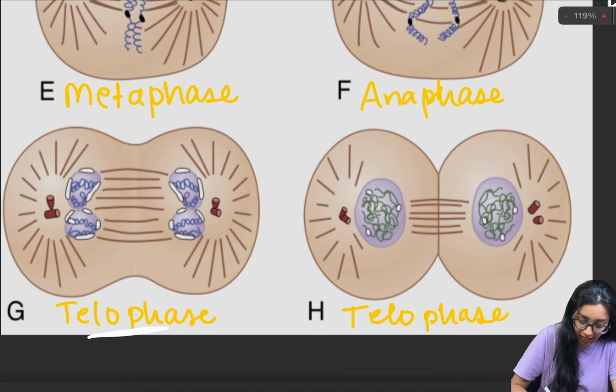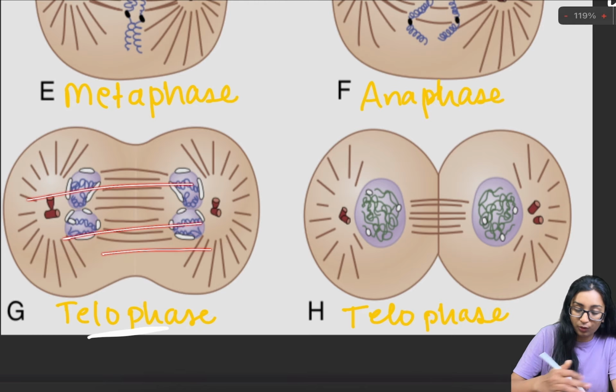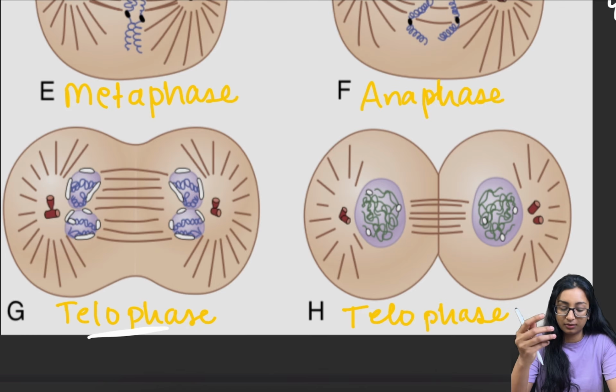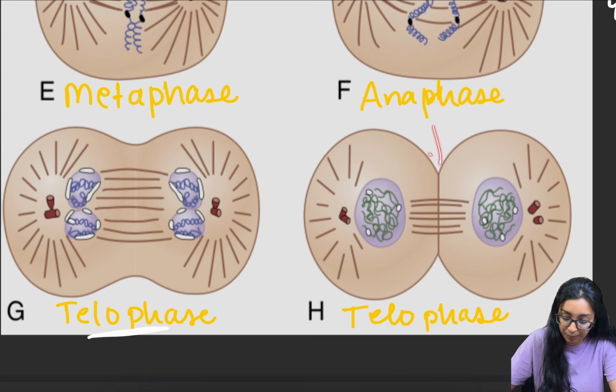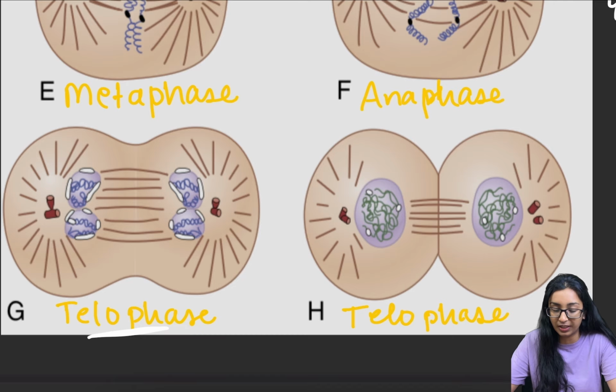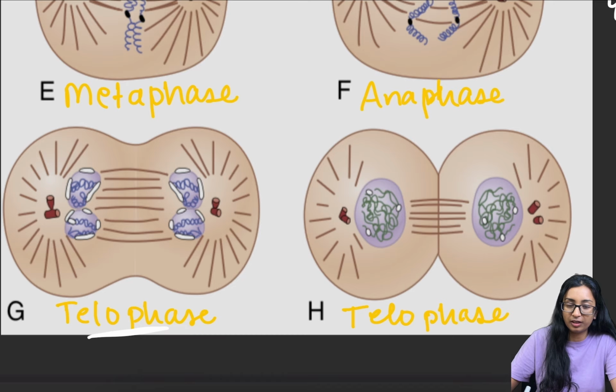In telophase, they have been separated at the centromere, and the centrioles have pulled them to one end of the cell. Again in the telophase, the cell will be pinched out and they will separate. The pinching is due to the microfilaments, which are composed of actin and myosin.